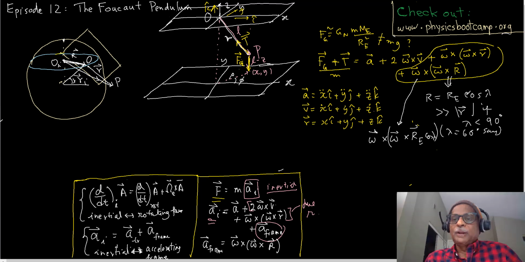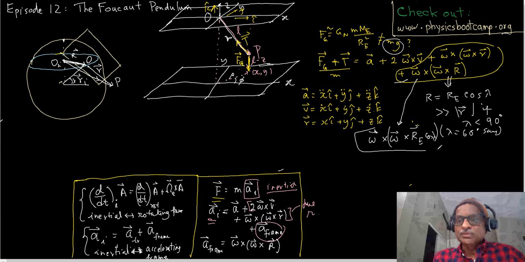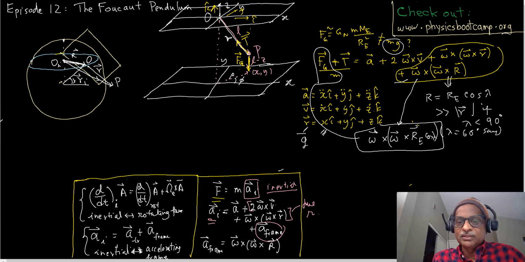So you can see that this is kind of like a constant thing, and we can try to see if there is a way to look at it so that we can connect with the mg. So this stuff will be defined as a g vector. It will be the effective g vector.